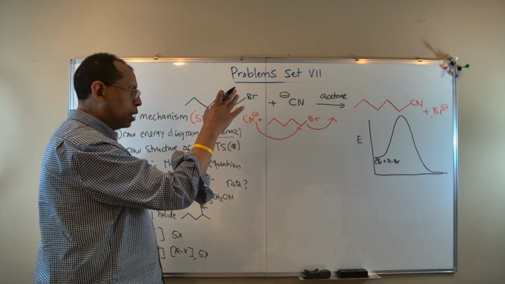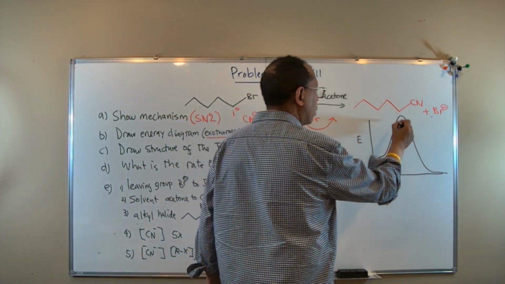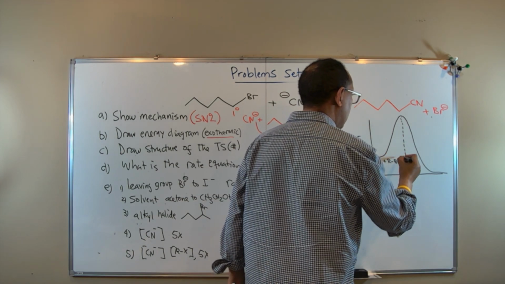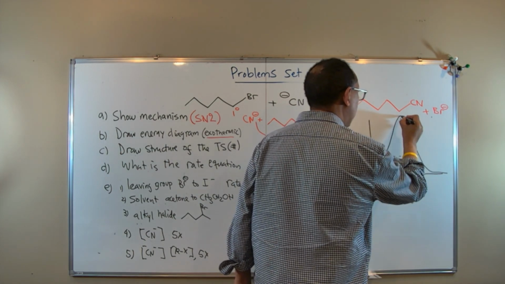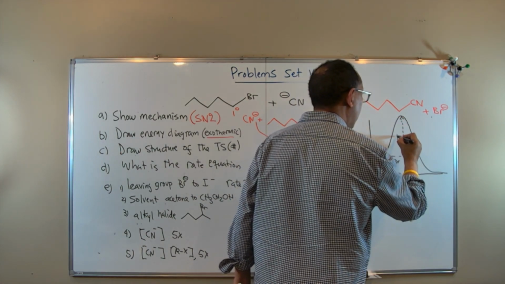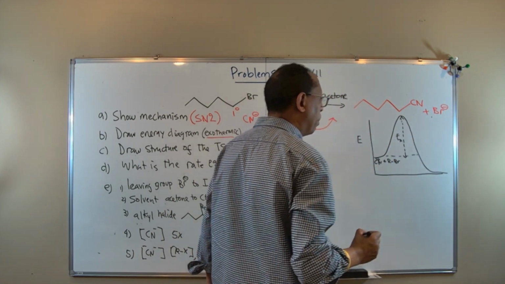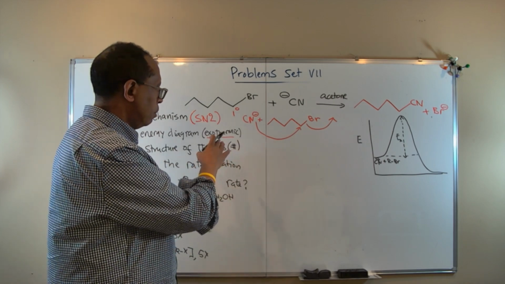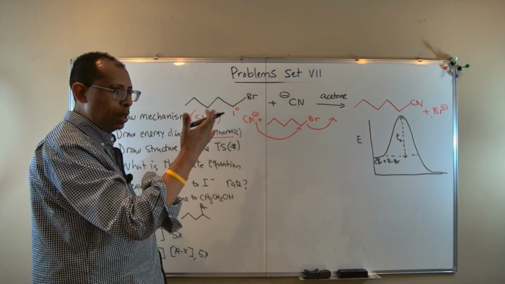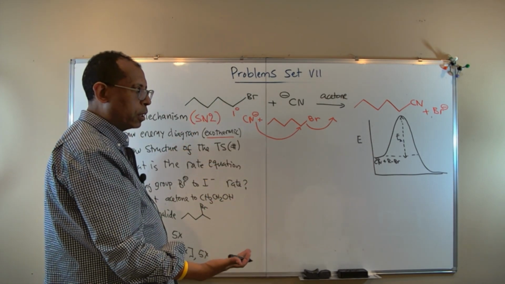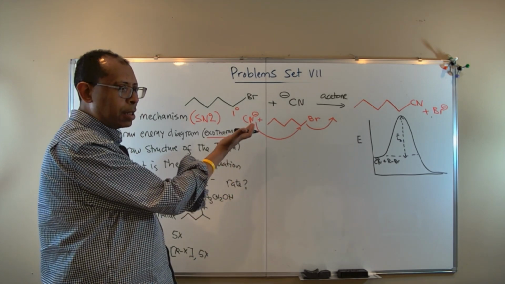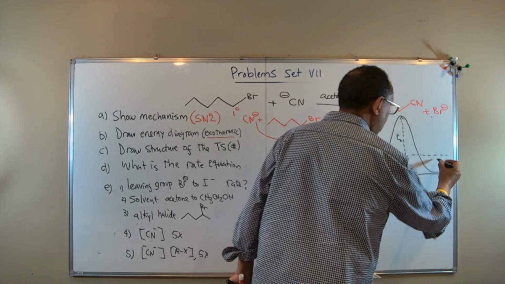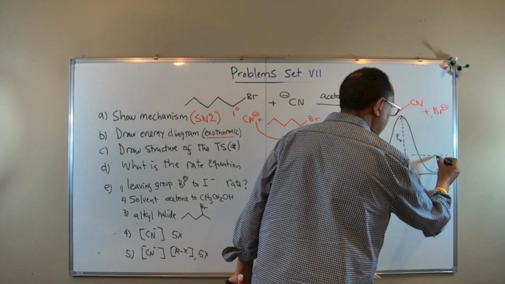Now in the transition, this is the activation. So you have to label everything, it says. So this is the activation energy, Ea. You have to label properly. And the delta H of this reaction, because you are told it's exothermic, so the energy of the products is lower than the starting materials. So delta H is this much.